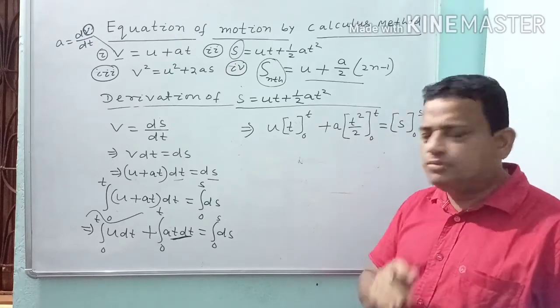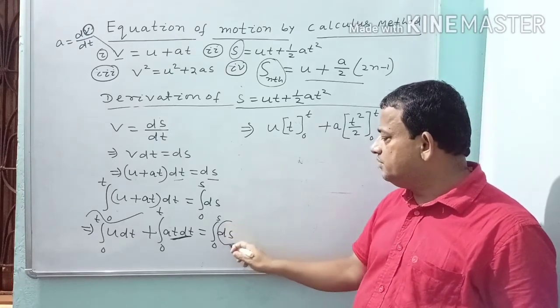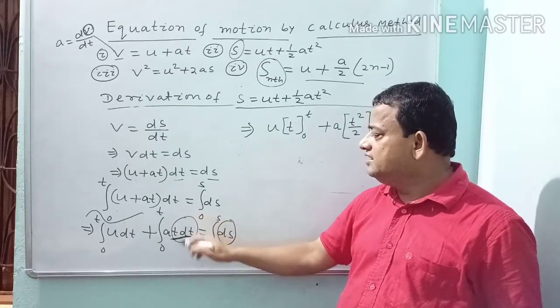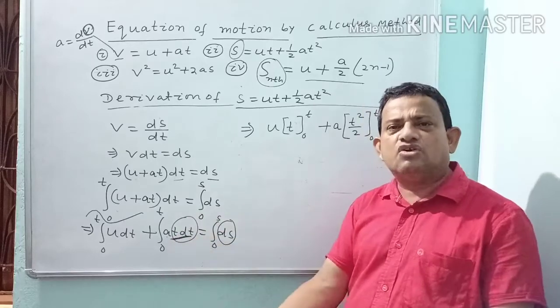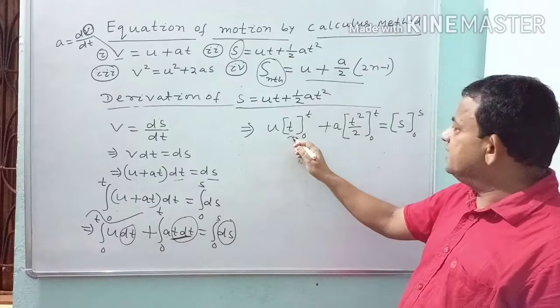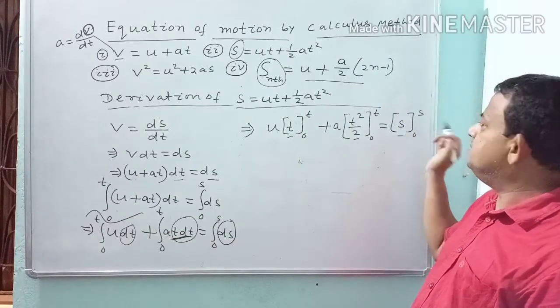So what you have to do: first, the integration of ds is s, and the integration of t dt. Since a is a constant, first make the integration and then write the limits like that.